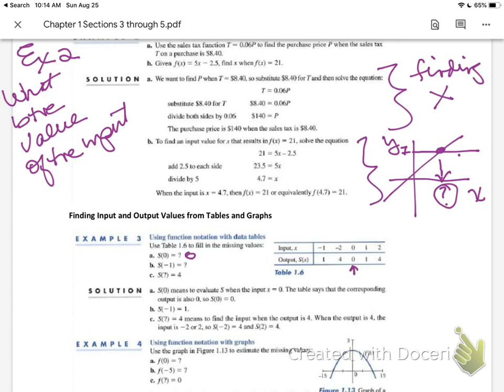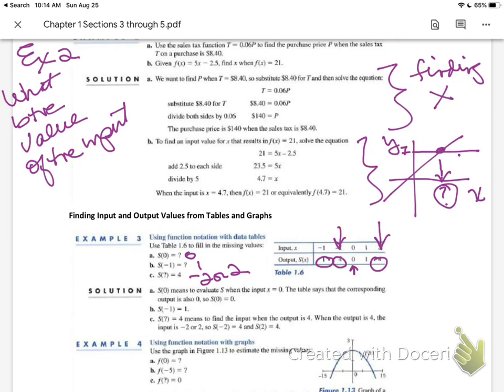What if the input is -1? Your output is 1. What if the input is unknown, but the output is 4? Here's your output. Now, this is kind of interesting, isn't it? Because my output appears twice. So my input could have either been -2 or +2. So this last one has two answers, -2 or +2.